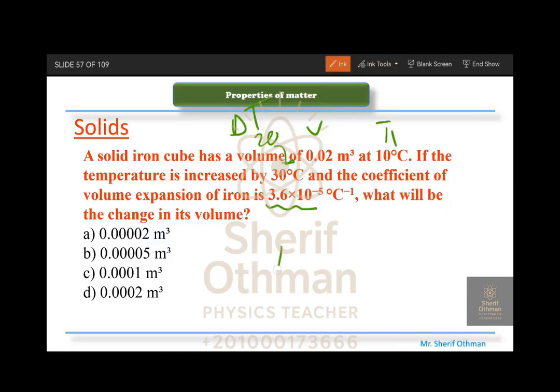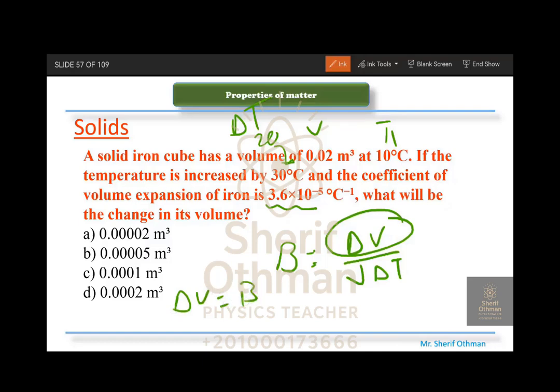As we said before, beta is equal to delta V over V delta T. He asked about delta V, so delta V is equal to beta V delta T. Beta is equal to 3.6 times 10 to the power negative 5, multiplied by the original volume, which is 0.02 meter cubed, multiplied by the change in temperature, which is 20.